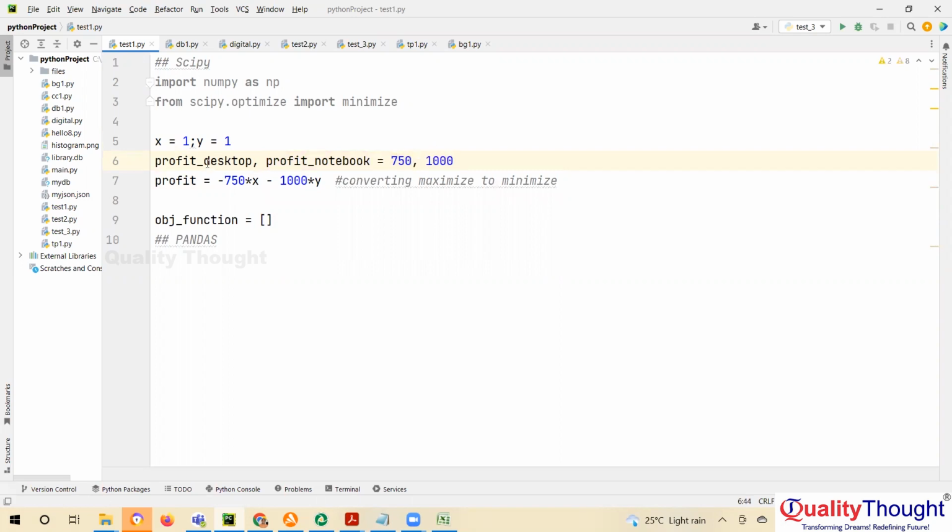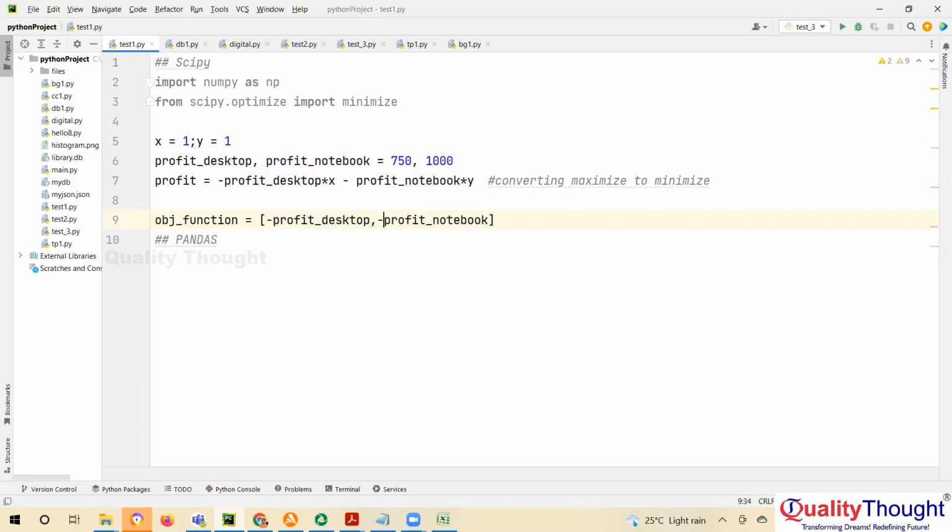So the objective function is profit notebook, profit desktop, and here we are using the minus sign.